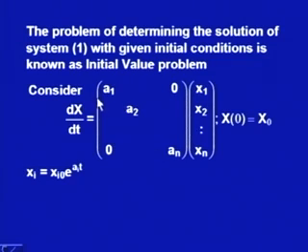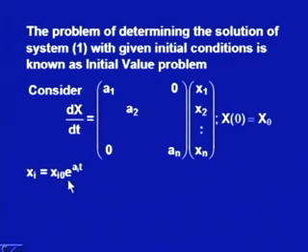So, we first solve the first equation in the system, that is dx1 by dt equal to a1 into x1. This is a first order differential equation and it is very easy to solve, and its solution will be x1(t) equal to x10 times e to the power a1 t.